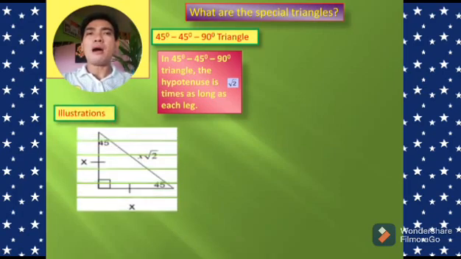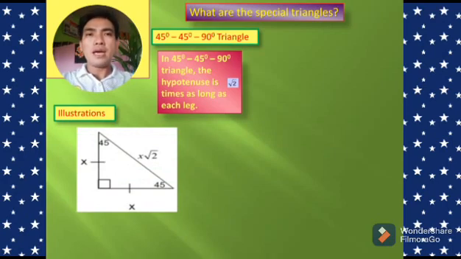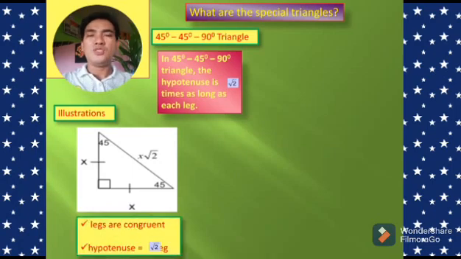Based on our illustration, mark x, that would be our legs of the triangle. 45, 45, 90, and x square root of 2 would be our hypotenuse. Just remember that the legs are congruent and the hypotenuse is equal to the square root of 2 times the leg.